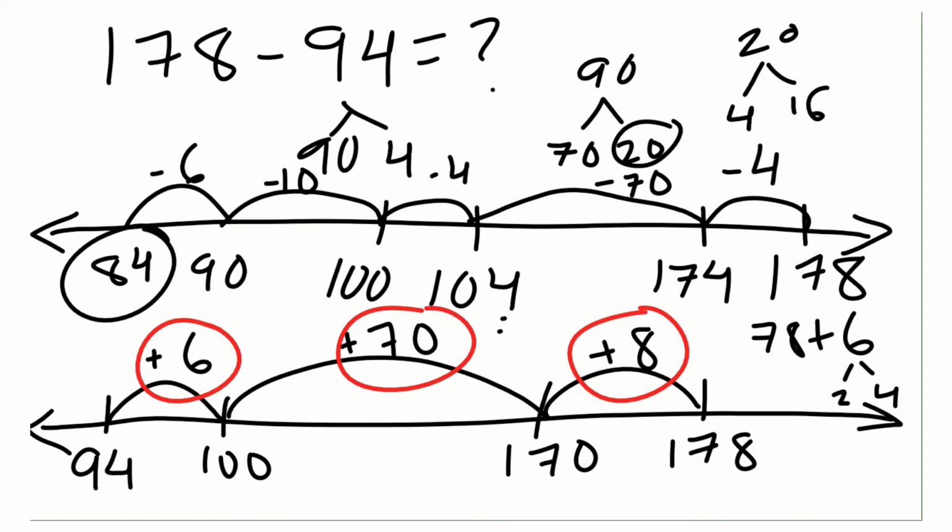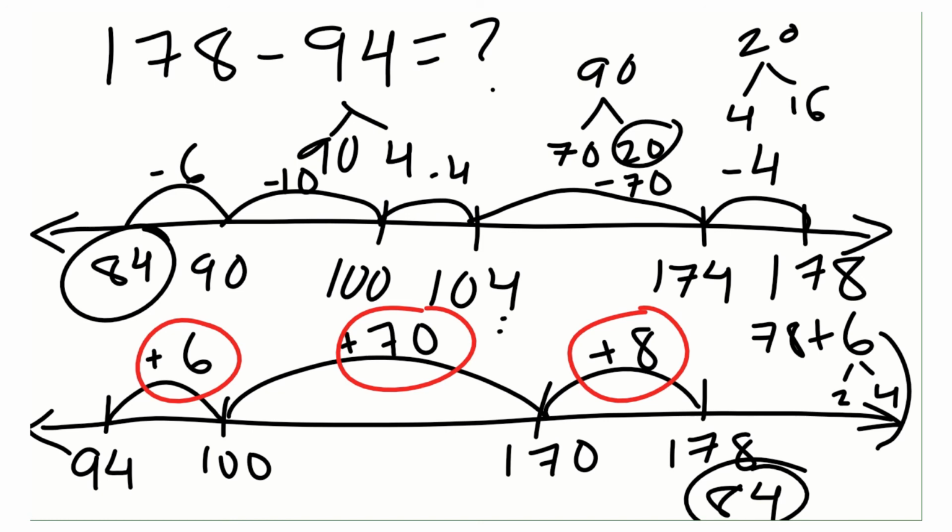And so, I'm going to move down here. So, 80 plus 4 is 84. 78 plus 6 equals 84. So we got the same answer, and it took us way fewer steps to get there.